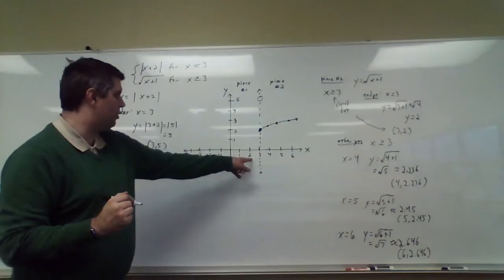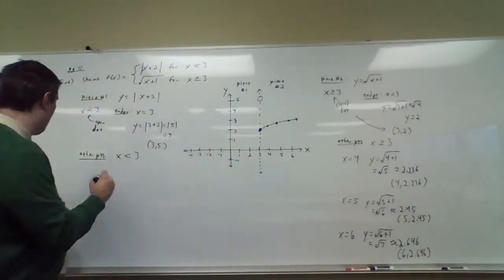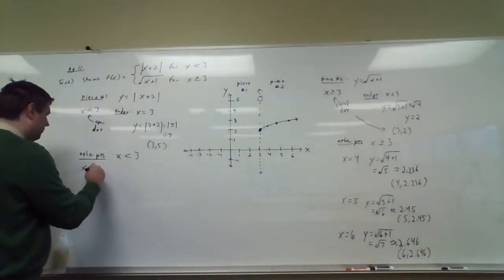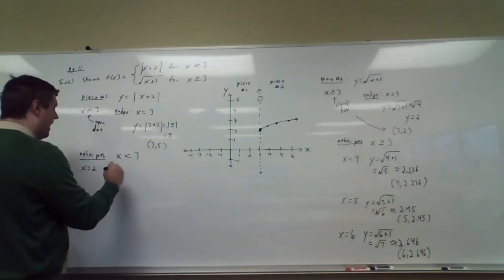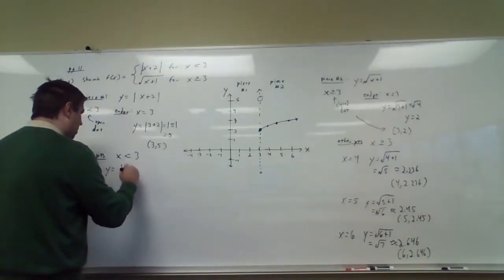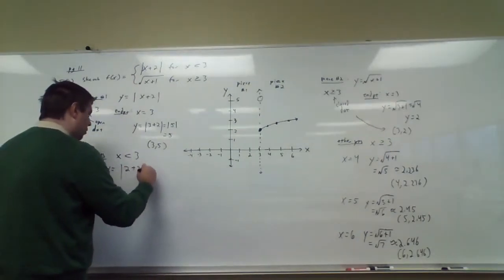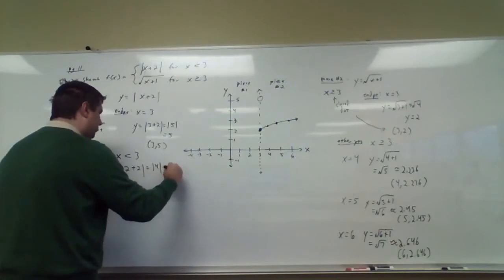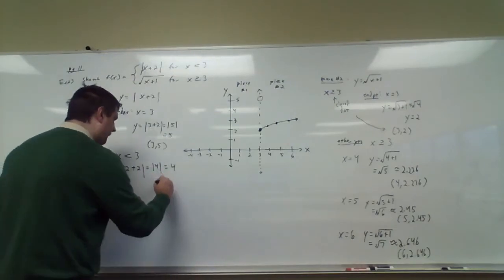So 2, 1, 0, and so on. So x equals 2, y equals the absolute value of 2 plus 2, which is the absolute value of 4, which is 4. So (2, 4).